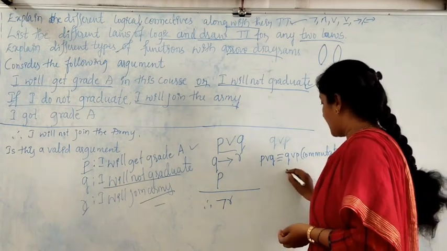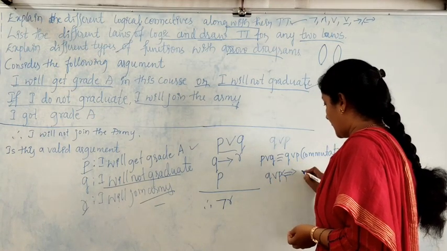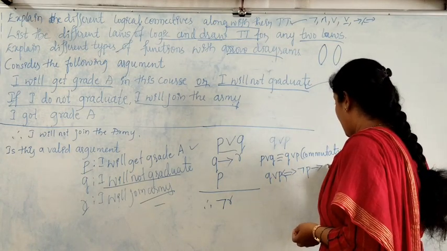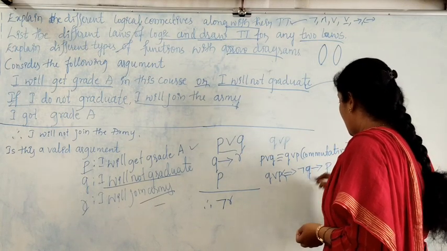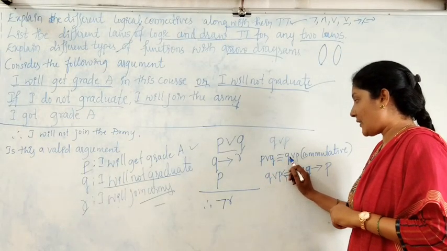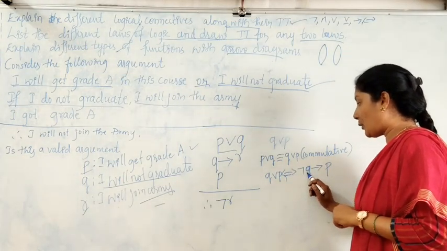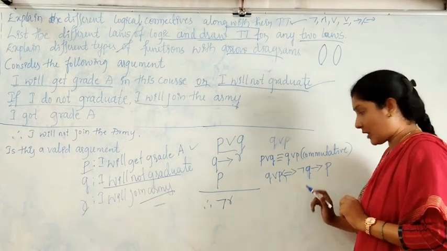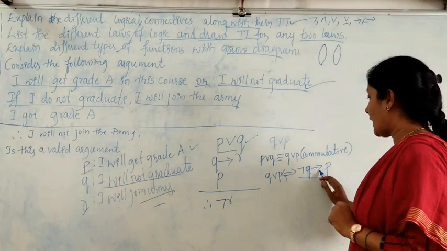And this Q or P is logically equivalent to negation of P conditional Q. Okay, negation of Q conditional P. So, P or Q is written as Q or P using the commutative property, and Q or P is logically equivalent to negation of Q conditional P. This you can verify using the truth table also. So, this we can write it as negation of Q conditional P.